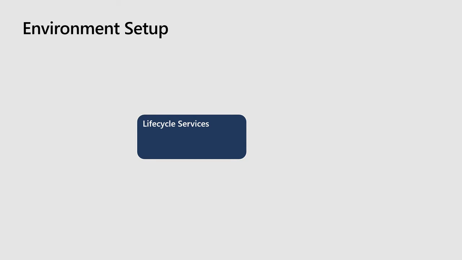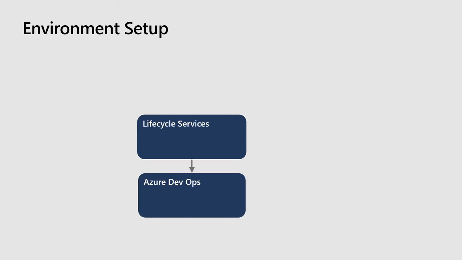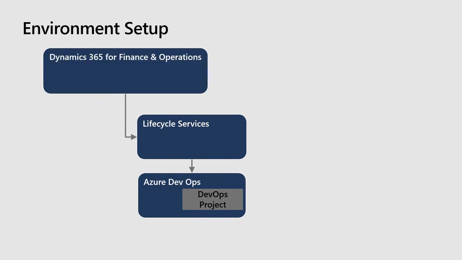Okay, so all of our environments start with Lifecycle Services and Azure DevOps, which are already connected for other reasons, right? And we have a project. There's our Finance and Operations environment talking to Lifecycle Services, and the Task Recorder is in Finance and Operations. We use that for authoring and then for playback, and it doesn't have to be the exact same environment, of course.